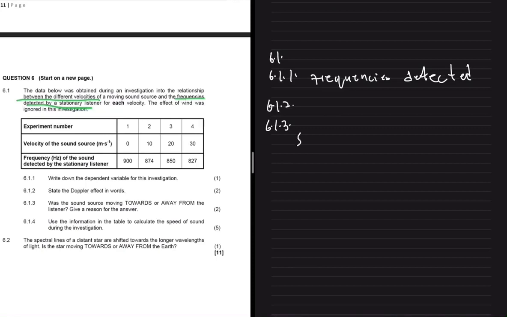Okay, let's stick to the equation, right? FL equals Fs multiplied by (V plus or minus VL) divided by (V plus or minus Vs).